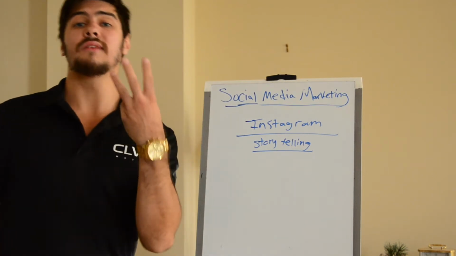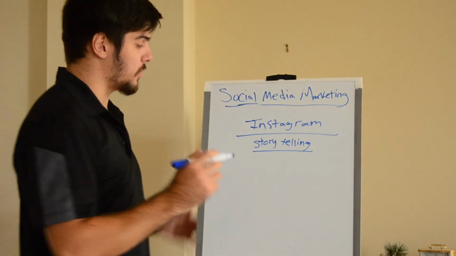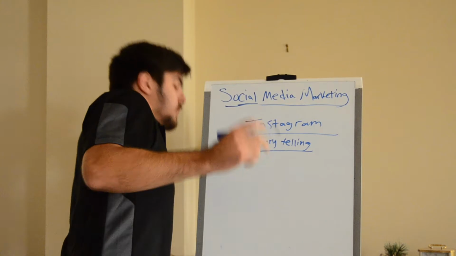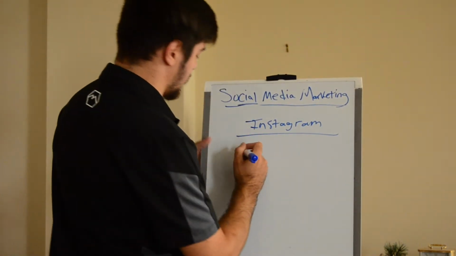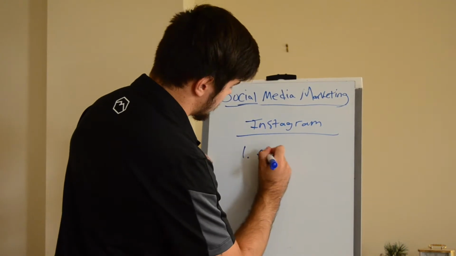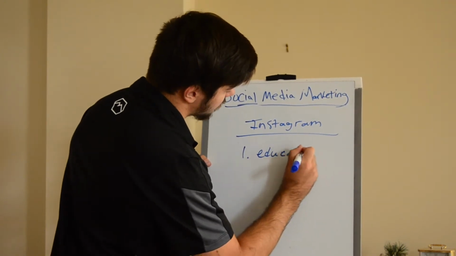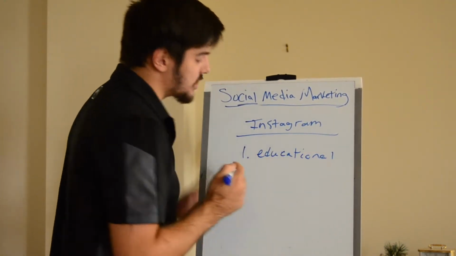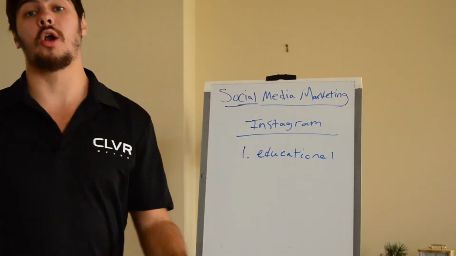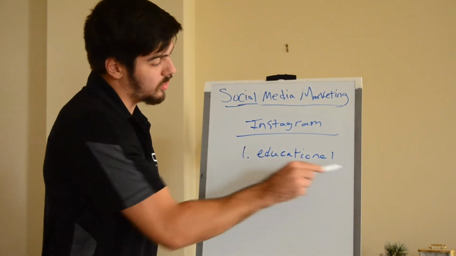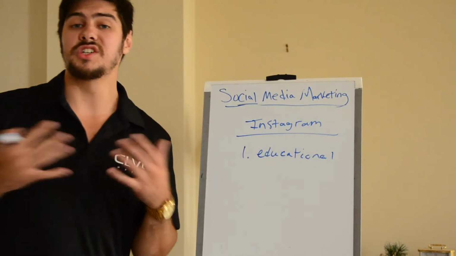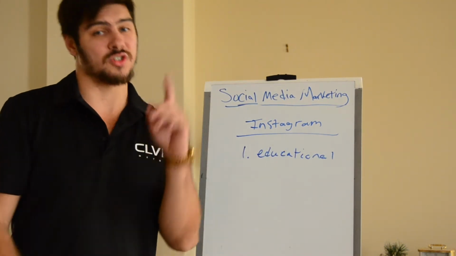And there's 3 different posts that you want to be posting. The first post we're going to talk about is educational. We want to start educating people on the problem. We're the problem solvers, so we want to educate people on a problem, start teaching them things they didn't already know. So that's the first type of post.